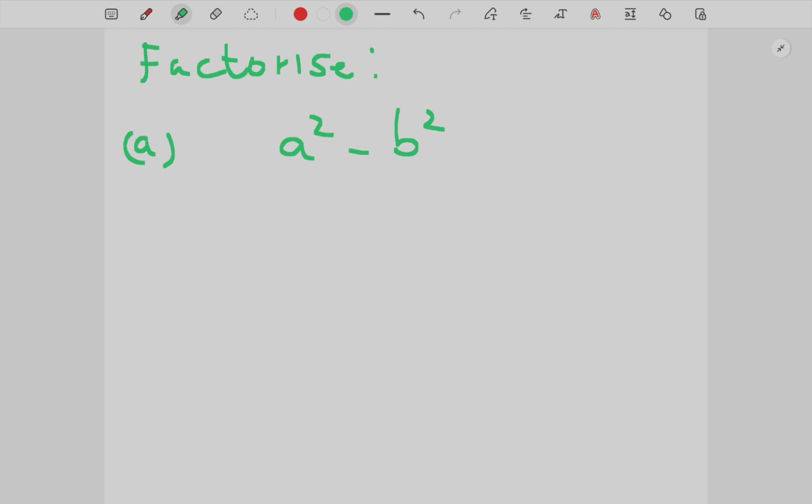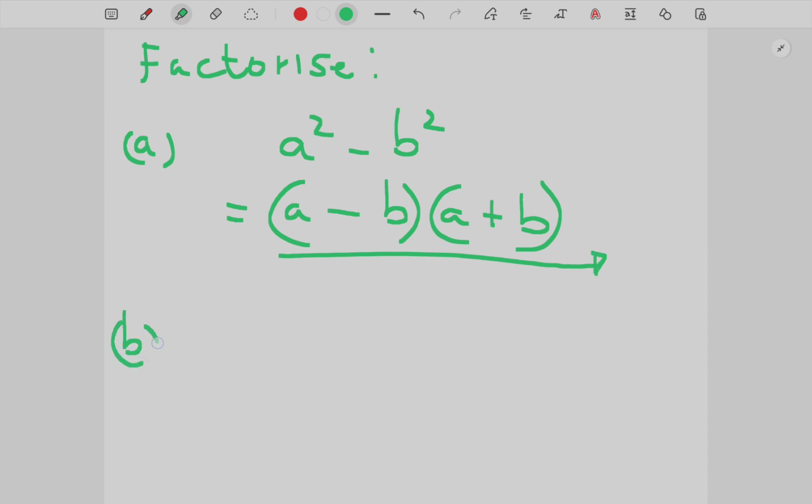A squared is a perfect square and b squared is also a perfect square. So what does that mean? When you factorize, we're going to open up 2 brackets. For a squared it is a times a, for b squared it is b times b. But because it is a negative b squared, one bracket must be negative and the other positive. So it must be a minus b into a plus b.